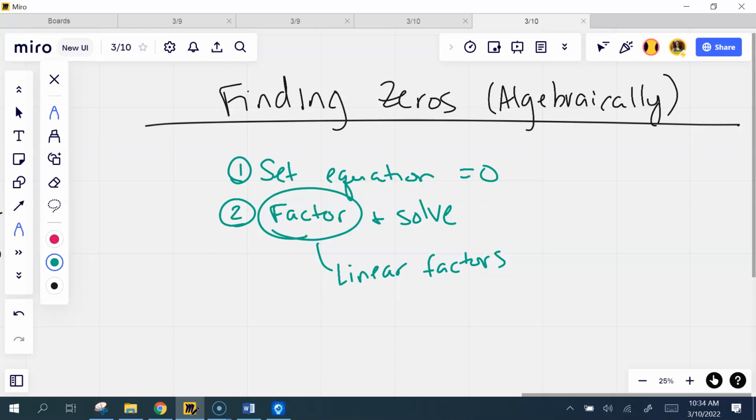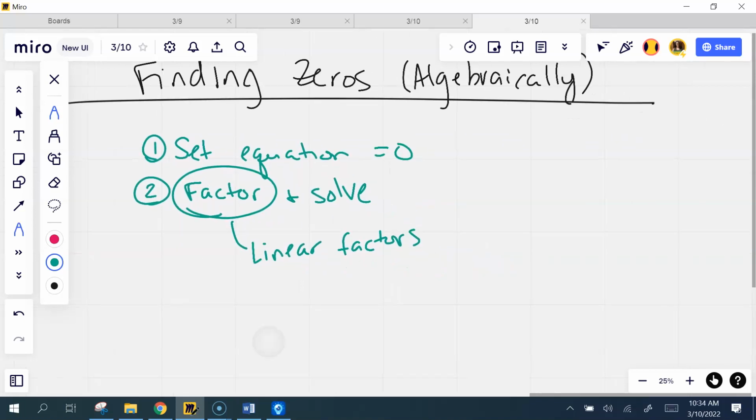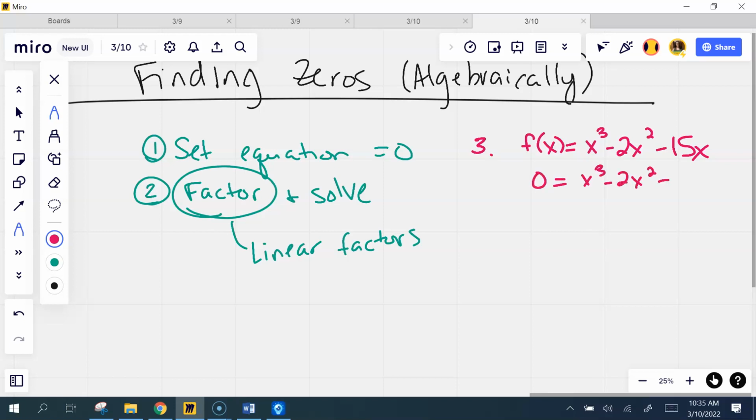But for example, on number 3, I have f of x equals x to the third minus 2x squared minus 15x. So to find the zeros algebraically, I'm going to set it equal to 0. And now I'm going to try my best to factor it.